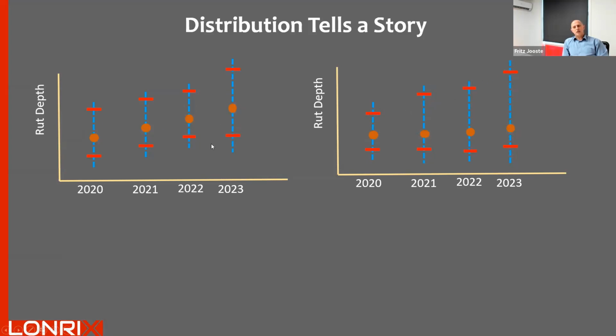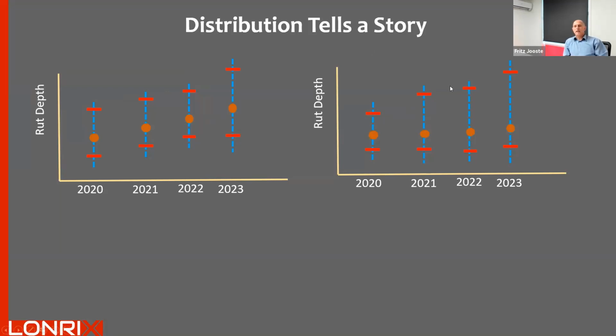So this indicates that this road as a whole, or this may even be a plot for your entire network, or a subset of your network, has increased over time, the entire distribution, whereas this one, your central tendency has remained the same, but the tail of the distribution has moved more and more towards the right.